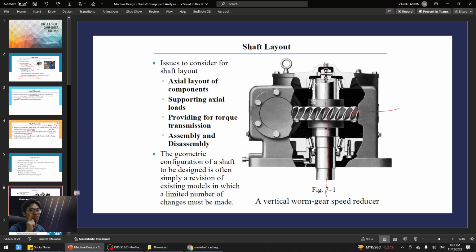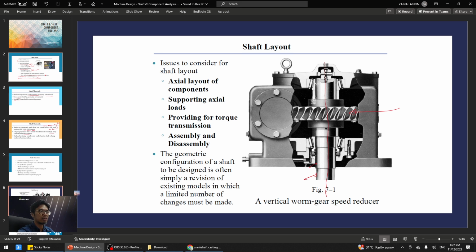So you can consider, if you are designing a shaft for any component, you must design the axial layout of that shaft. Diameter dia kena consider. Ni diameter luar, diameter dalam. Dia mesti ada shoulder yang tepat dengan size of your bearing tu. Barulah dia boleh interact, dia boleh snap dekat that position.